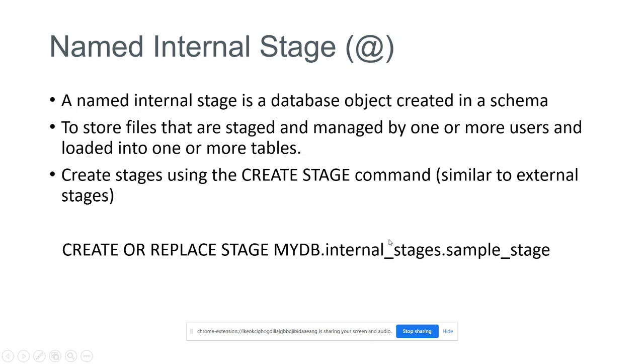Suppose I want to create all my named stages in a schema called internal stages, so we can create a schema with this name, and this is the name I am giving for my internal stage, named internal stage, sample stage. This is how we can create named internal stages in Snowflake. Each and every stage I will show you practically, how they will work.